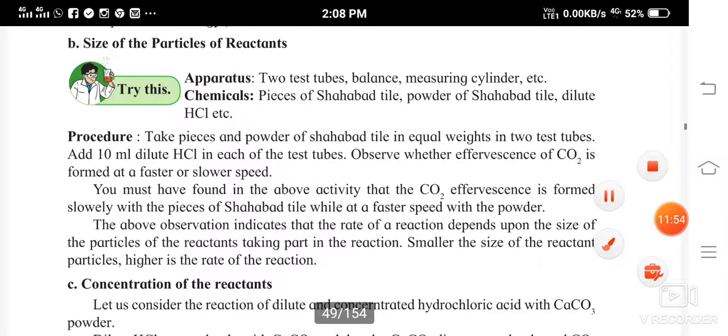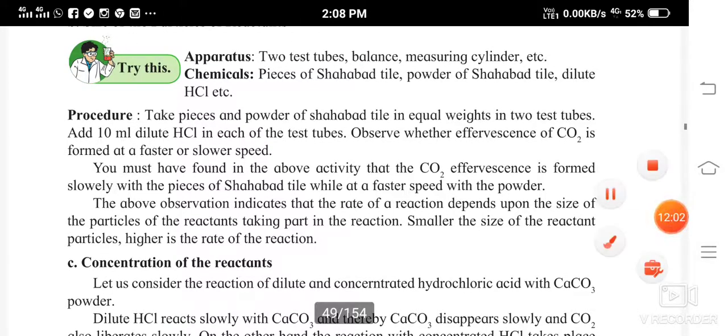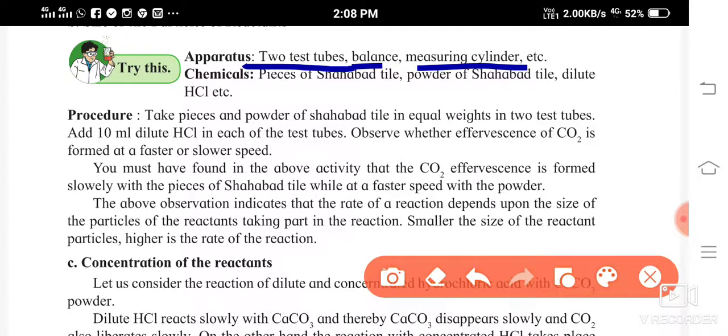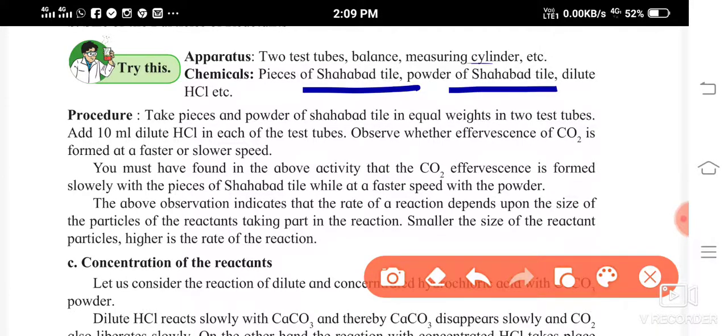Now the next one is the size of the particles of reactants. The apparatus required for this is two test tubes, a balance, and a measuring cylinder. Chemicals required are pieces of Shahabadi tile, powder of Shahabadi tile, and dilute hydrochloric acid.